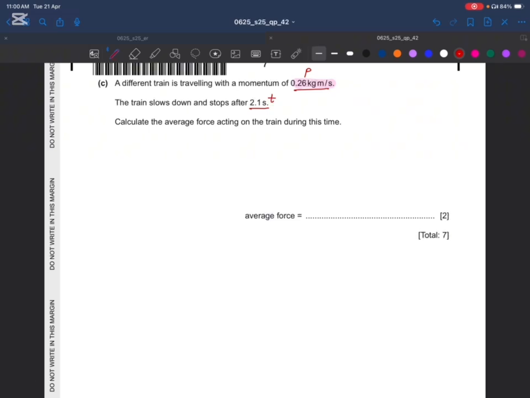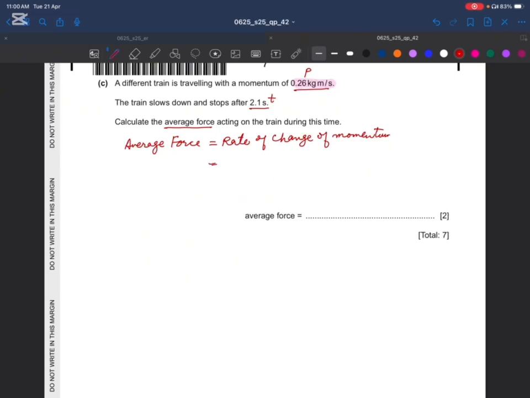So remember this fact that as far as the force is concerned, average force is nothing but the rate of change of momentum.